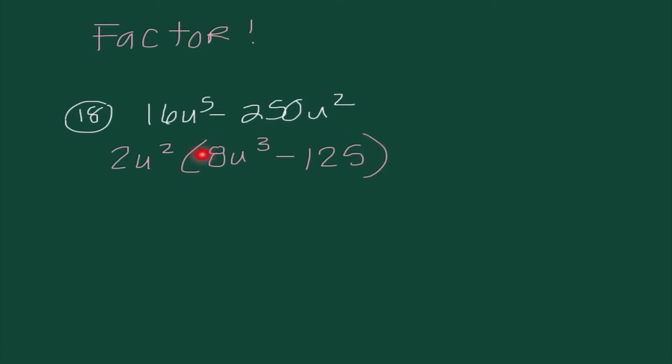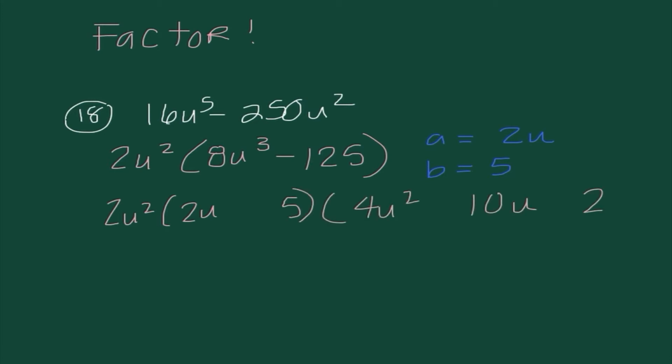Now looking inside my parentheses, this looks to me like our difference of cubes pattern. So I need to figure out what is a and what is b. Well, the cube root of 8u cubed is 2u, and the cube root of 125 is 5. So if I'm following my pattern, it goes a squared, a times b squared.